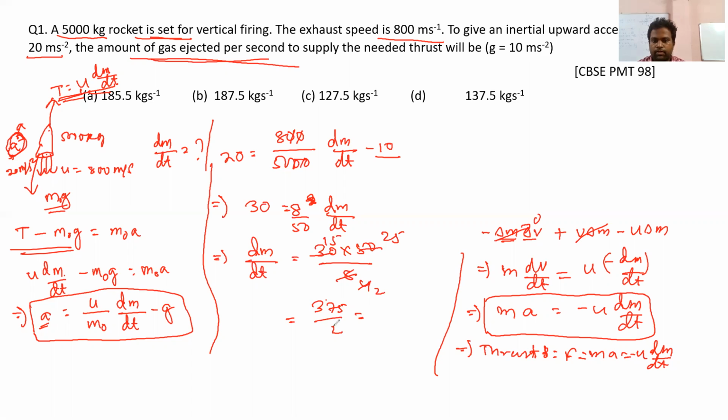The unit is kg per second. So what is the option? 187.5 kg per second. B is the answer.